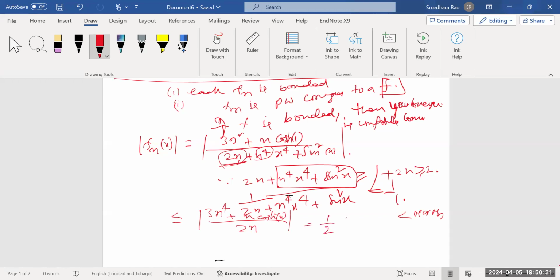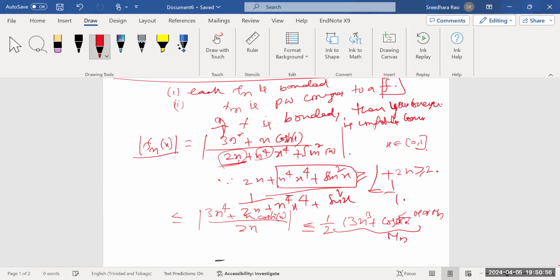So that is 3n cube plus n cosh x, which is less than or equal to cosh 1, because the values of x belong to [0, 1]. So you can put cosh of 1, the hyperbolic function. So this is your M.